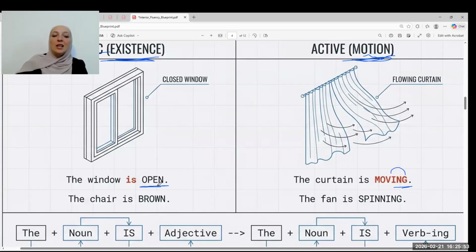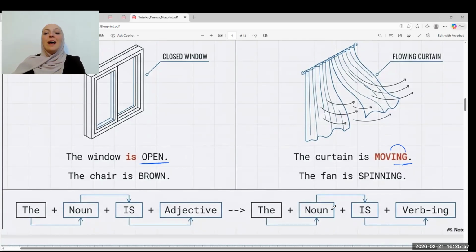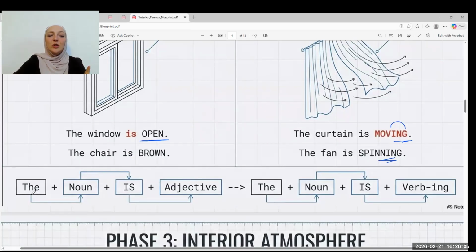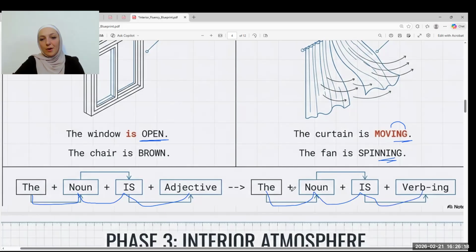We did not say opening when we're talking about existence, all right? The fan is spinning. The fan is spinning. So with existence, we go with the noun, is, and the adjective. And with the verb ing, if we're talking about something in motion, the noun is verb ing.